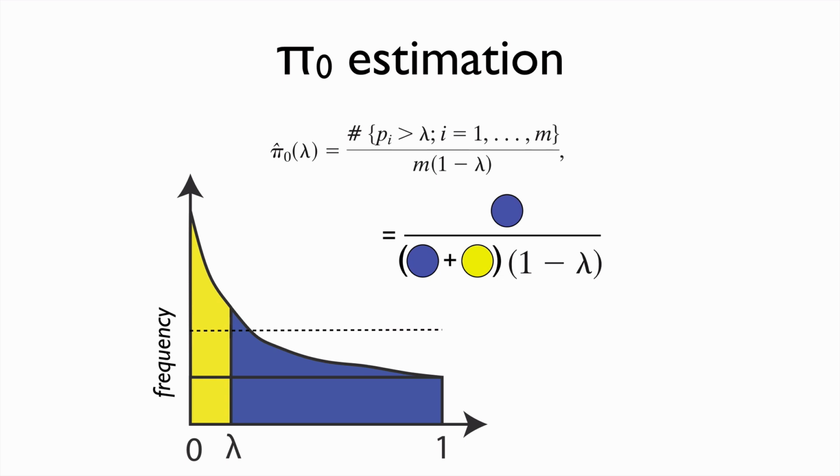However, if we see a different distribution, that must be due to the fact that we have an uneven distribution and that there are alternative hypotheses involved as well. But the higher value we select for lambda, the closer to 1 we get, and the less influence from these alternative hypotheses. So we get closer and closer estimates of the actual pi zero.